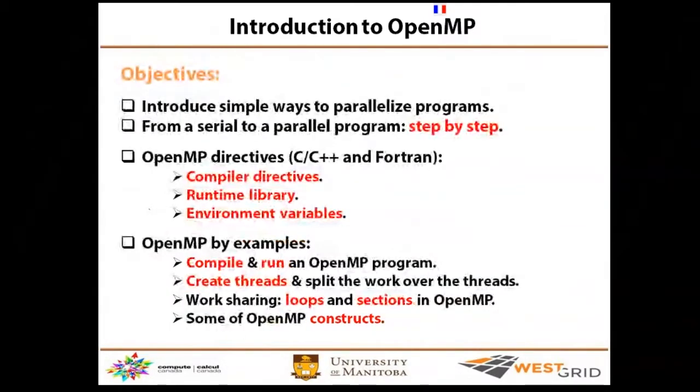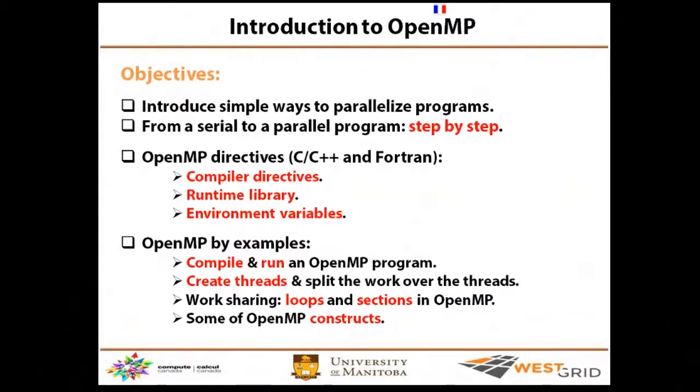The objective of this session is not to become an expert in OpenMP, but just to have some information to start with and know where to find the information you need. The objective is to introduce simple ways to parallelize programs.